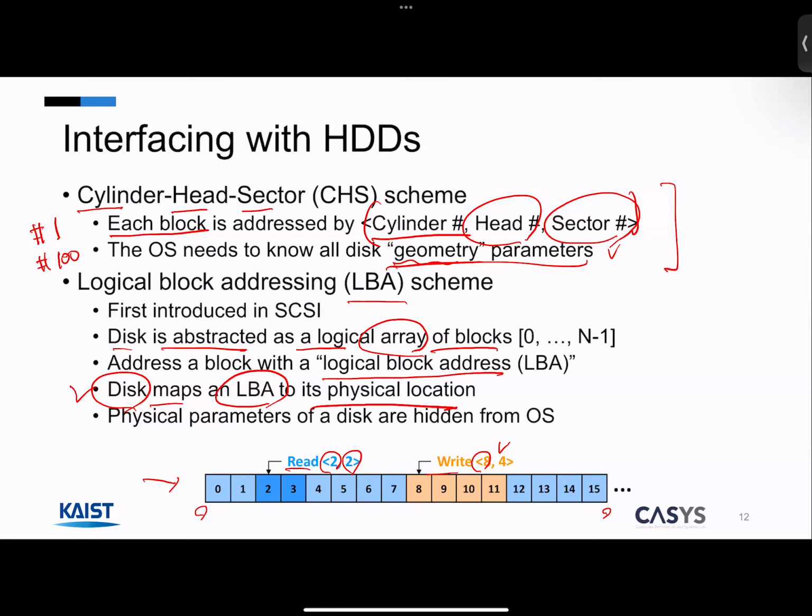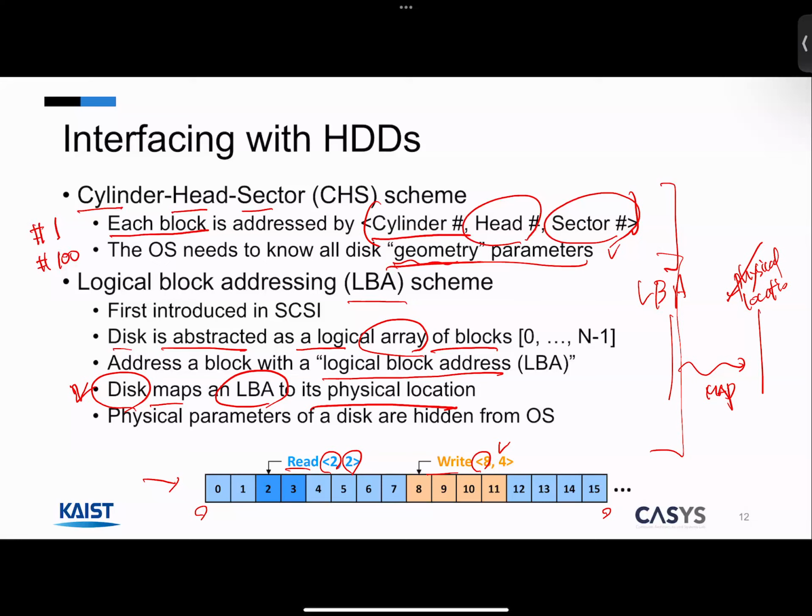The operating system builds a file and writes data to the device with this concept of LBA, and then the disk internally maps this LBA information into the actual physical location. These internals are hidden. What the operating system sees is the LBA aspect, and these internals are completely implemented in the device driver.